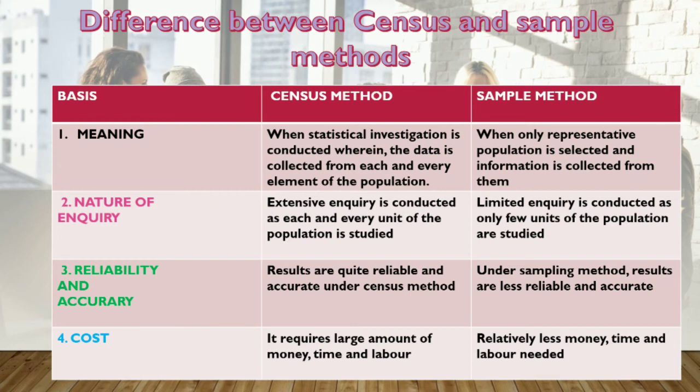And lastly, cost. Census method requires large amounts of money, time and labor in picking each and every element of the population. On the other hand, sample method requires less money, time and labor relatively as compared to the census method.